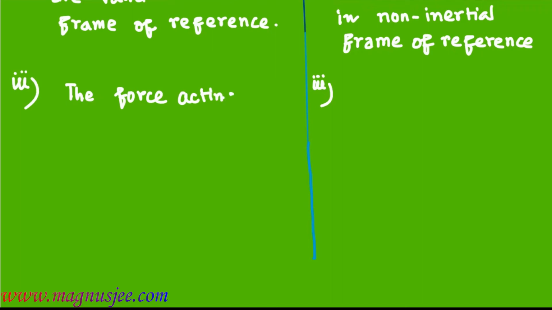On the left hand side, the force acting on a body in an inertial frame of reference is given by F equal F real. In this case, force is equivalent to the real force experienced by the body, or the real force acting on the body.